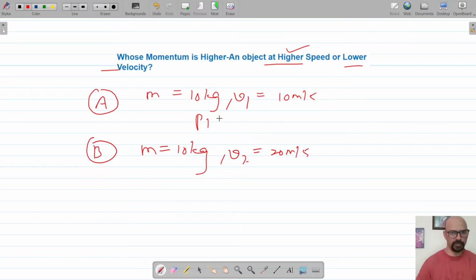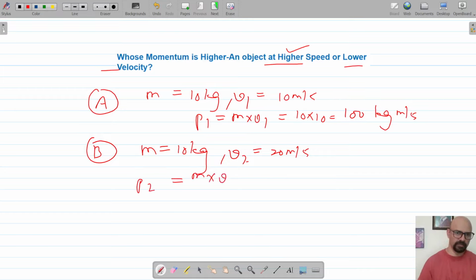Let's calculate the momentum in both the cases. It's m into v1, which is equal to 10 into 10, that is equal to 100. And what is the SI unit? Kg meter per second. Let's calculate the momentum in this case. This is m into v2. The mass is 10 into 20, which gives us 200. Don't forget to put in the SI units.